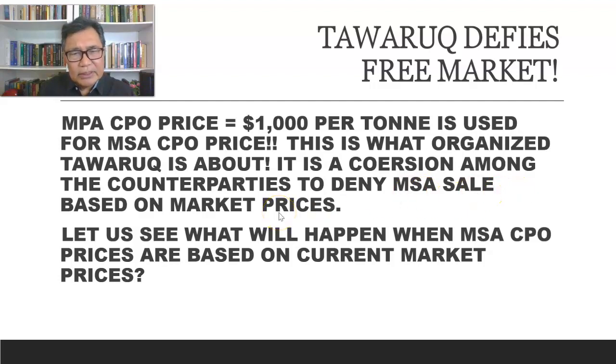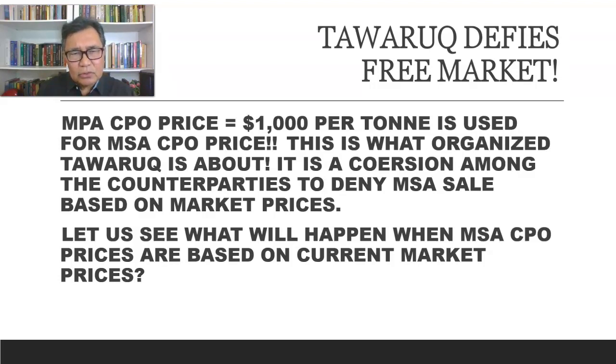What should be done by the Islamic bank is that the MSA price, the master sale agreement, should be based on the market prices. So if the market price is above $1,000 per ton or below $1,000 per ton, then that should be the way to contract the MSA.